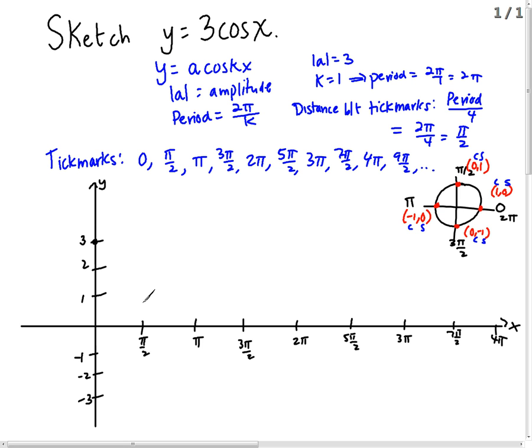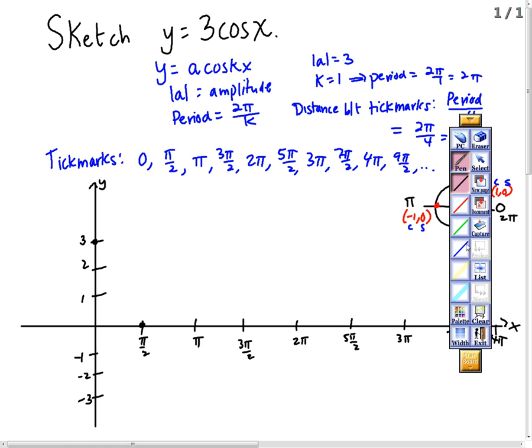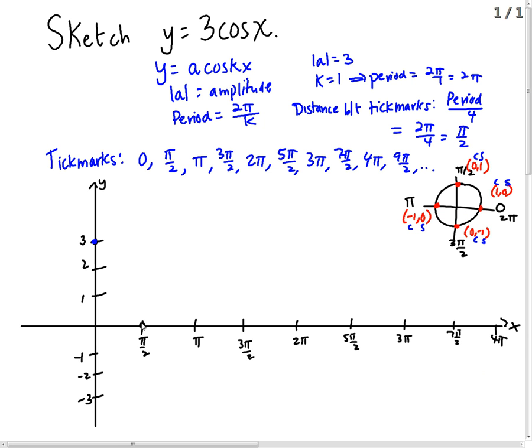And then I like to graph, like I said, the major tick marks. So cosine of pi over 2 is 0, so 3 times 0 is 0. Cosine of pi is -1, so 3 times -1 is -3.